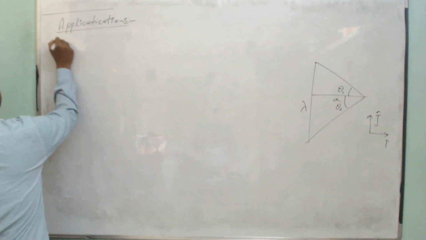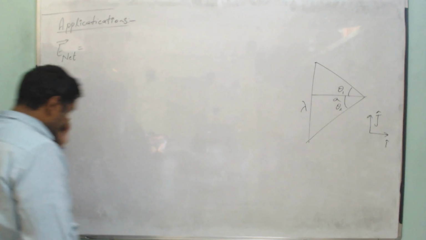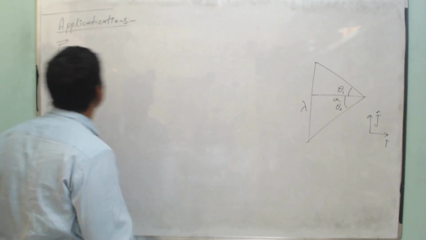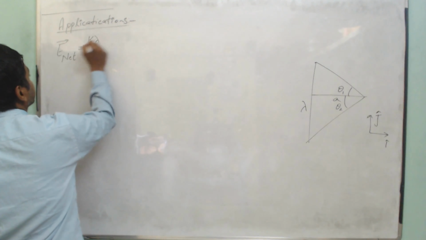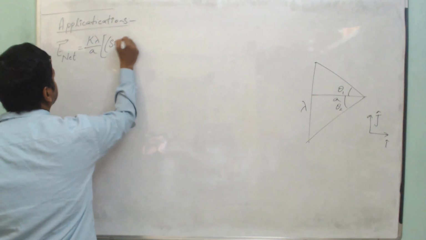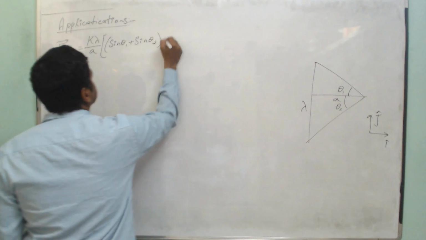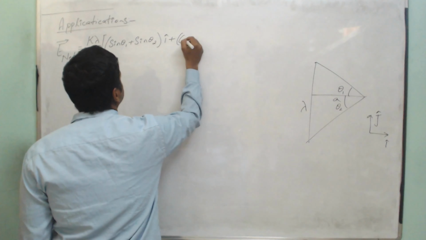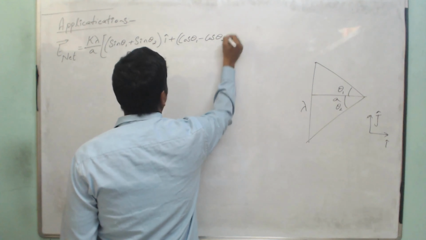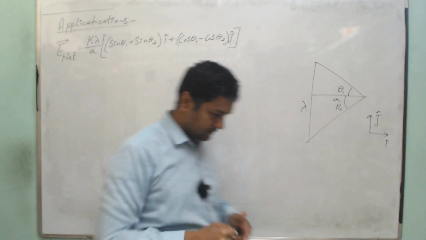The resultant E bar net is equal to K lambda by A of (sine theta 1 plus sine theta 2) I cap plus (cos theta 1 minus cos theta 2) J cap.